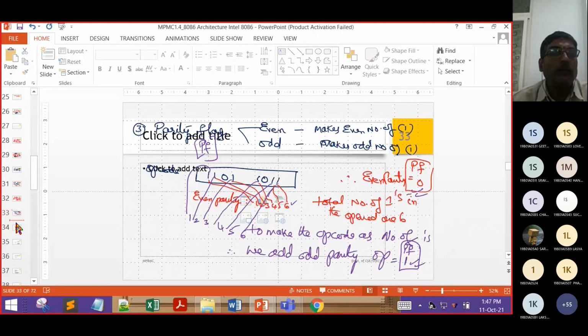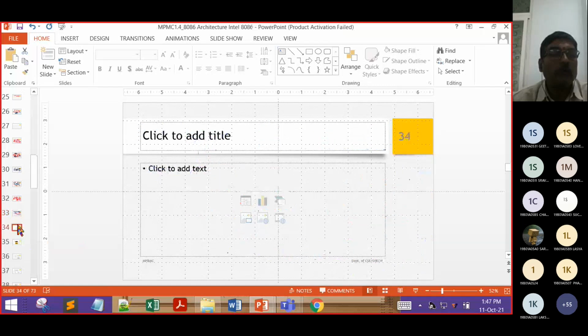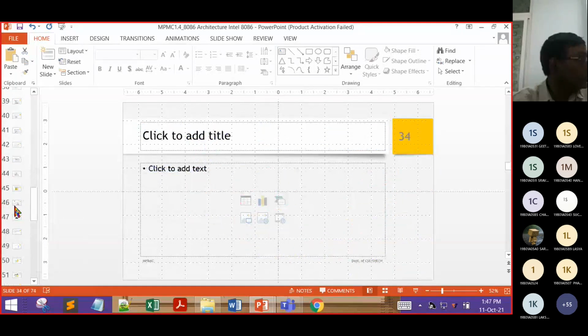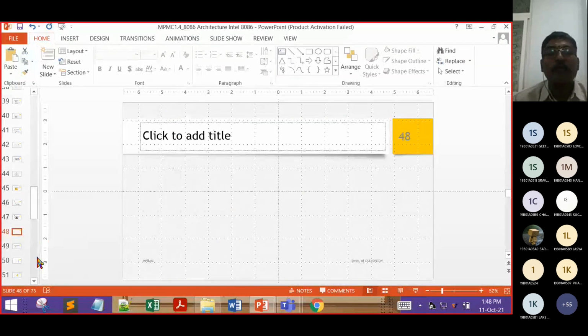Then we have 3 more flags which need to be taken up. These three more flags, we are going to call as control flags.